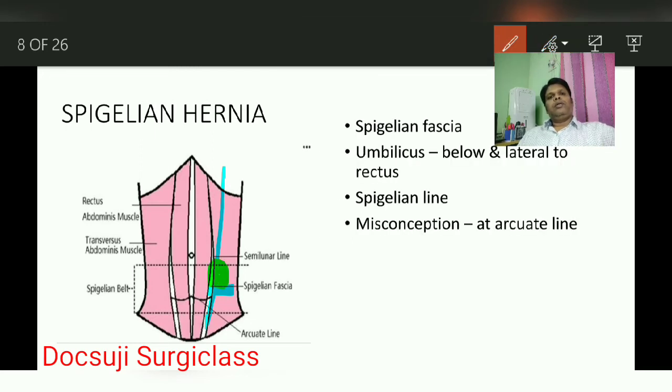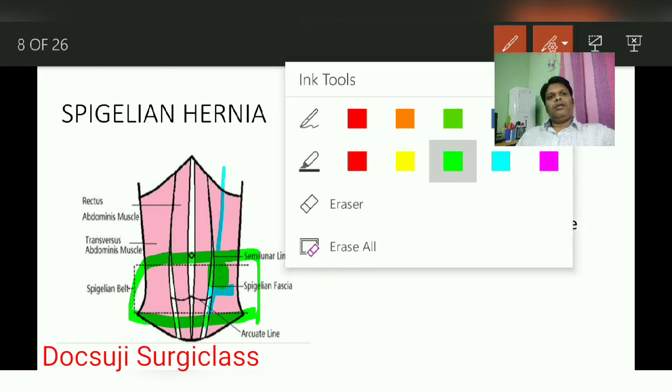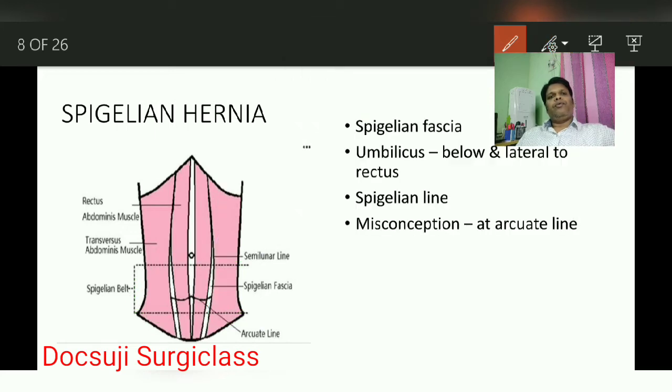This is the location below the umbilicus and lateral to the rectus muscle. That is the commonest location for Spigelian hernia, but you can get the hernia anywhere in this belt also. That is the Spigelian belt. There is some misconception that you will get a Spigelian hernia exactly at the level of the arcuate line.